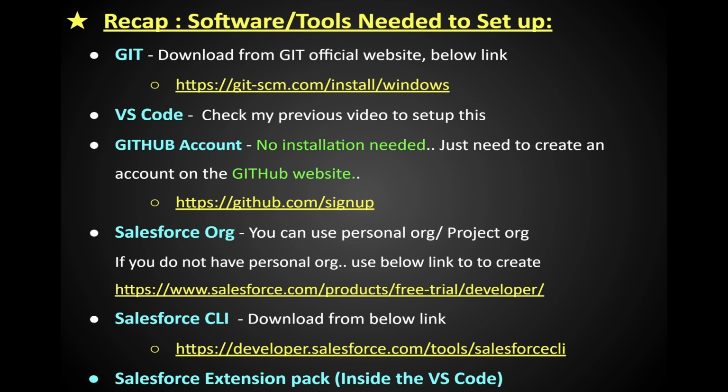For this complete setup, we are using Visual Studio Code as our code editor, Git for version control, GitHub to store our code, and Salesforce CLI to connect and interact with Salesforce. And of course, we also need a Salesforce org where we will deploy our code. In my previous video, I have already shown how to install all these tools, connect Salesforce CLI with the org, and push the code to GitHub step by step.